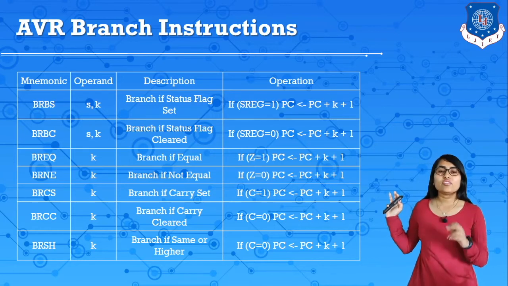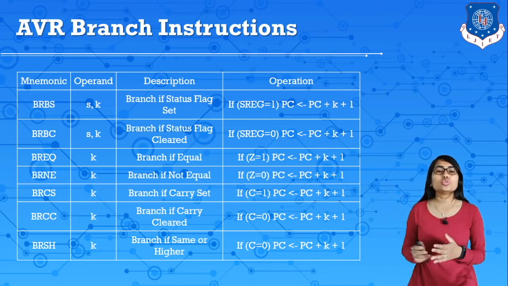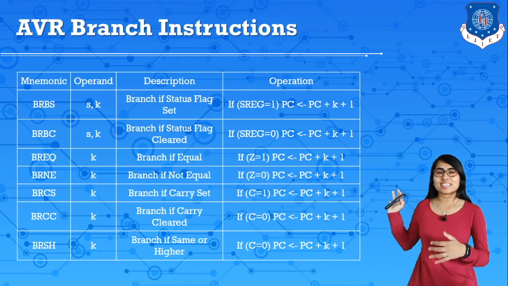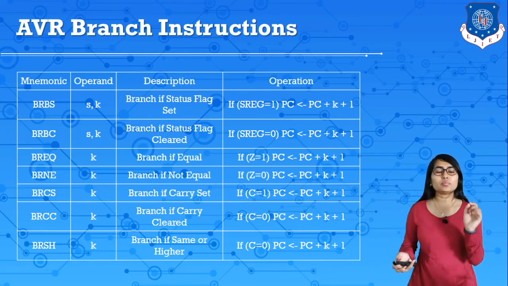Whenever two numbers are equal, the result is 0, and then the zero flag is set. So if the zero flag is set, Z equals 1, then branch. If Z equals 1, we can say that numbers are equal. So branch if equal, for that BREQ.